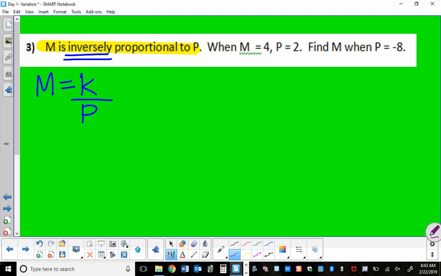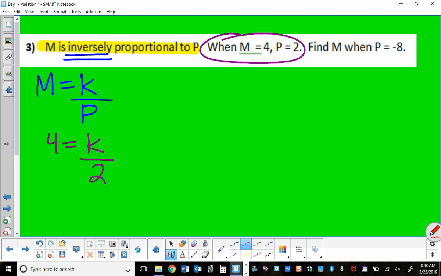So let's plug in. When M is 4 and P is 2. So let's plug in 4. I don't know K. My P is 2. You can solve this a couple ways, but let's do it the way you're most comfortable with. How would you solve this?